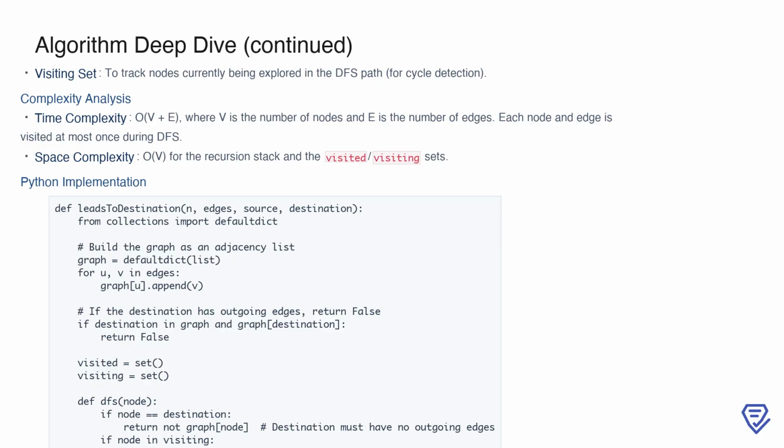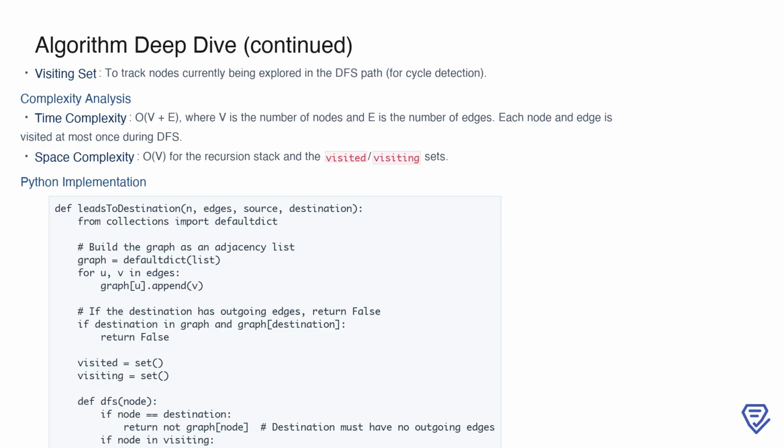Additionally, the algorithm enforces that the destination node must have no outgoing edges, which is a strict requirement of the problem. To improve efficiency, we avoid redundant exploration using the visited set, which tracks nodes that have already been fully processed.